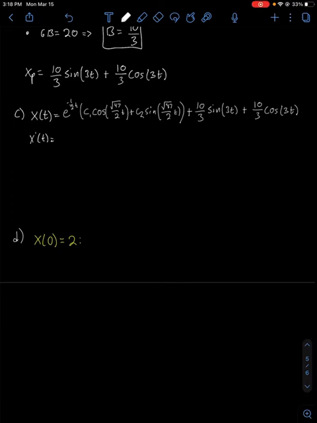equals the derivative. This is going to be a product rule and a chain rule. We'll do the chain rule first.